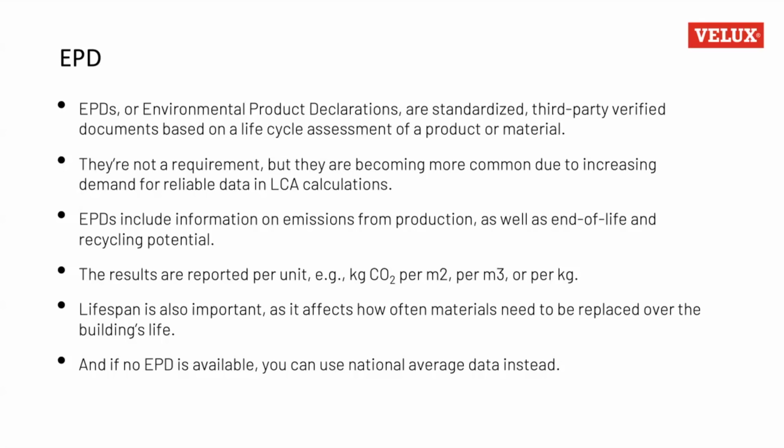And these EPDs are not required for a manufacturer to make, but there is a high demand for it. So you would often see that if you find a product, they also have an EPD. But in the case that the material you're using does not have an EPD, you can use national average data.